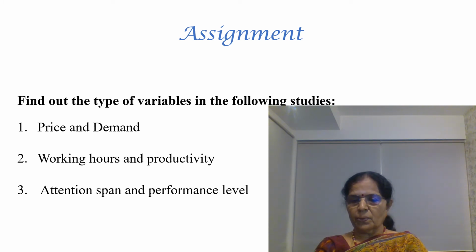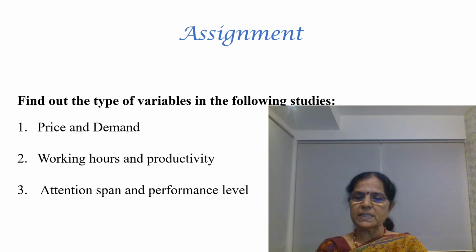Now you try on your own with all that I have explained in the previous slides. If you're not able to do it, now you can listen to my explanation. Now in the first study, price and demand, price is the IV, independent variable, and demand is the dependent variable, because we know that any change in the price will affect the demand.